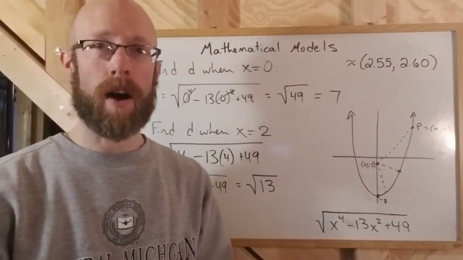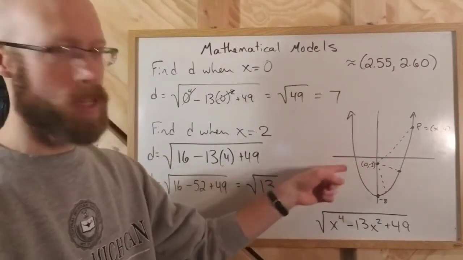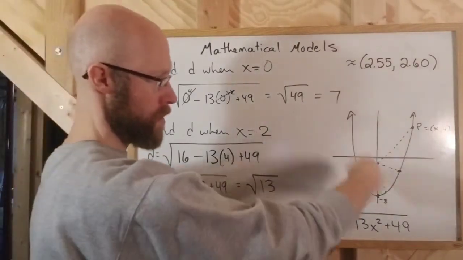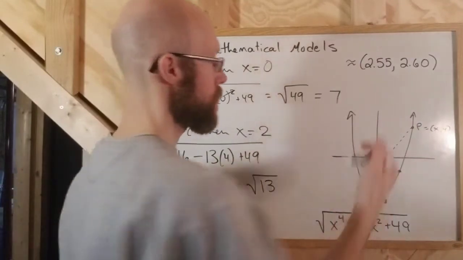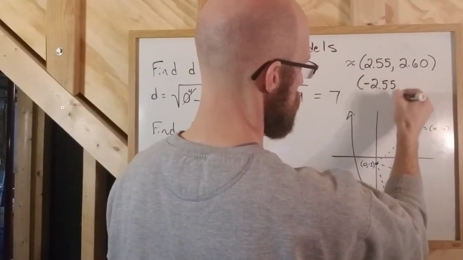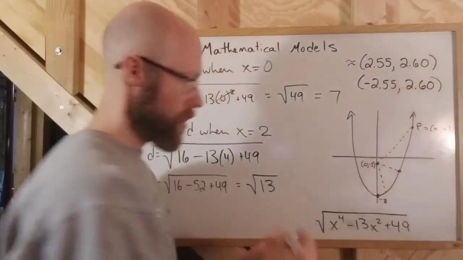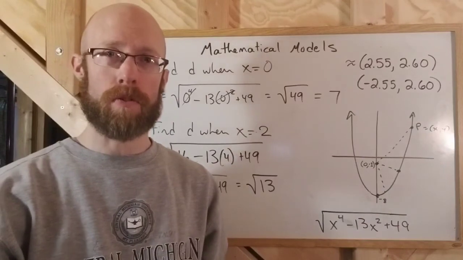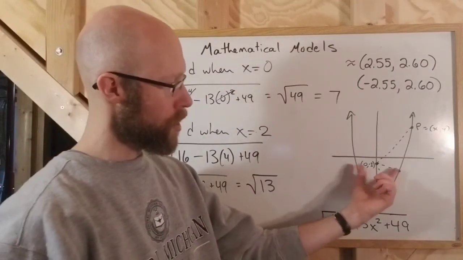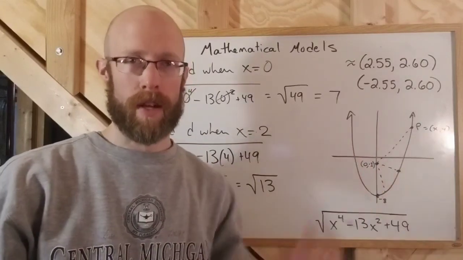Now I rounded those off, but that's pretty close to the point. And of course on the other side it would be symmetrical because of the symmetrical shape of that graph. So you'd have negative 2.55. This is y-axis symmetry, so the x value changes sign and the y value doesn't. So those would be the 2 points that would be closest to the point 0, -1 on the graph of x squared minus 8.